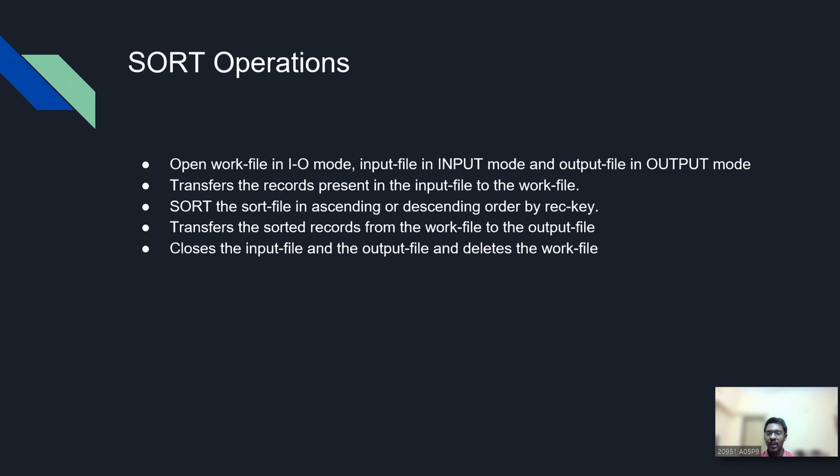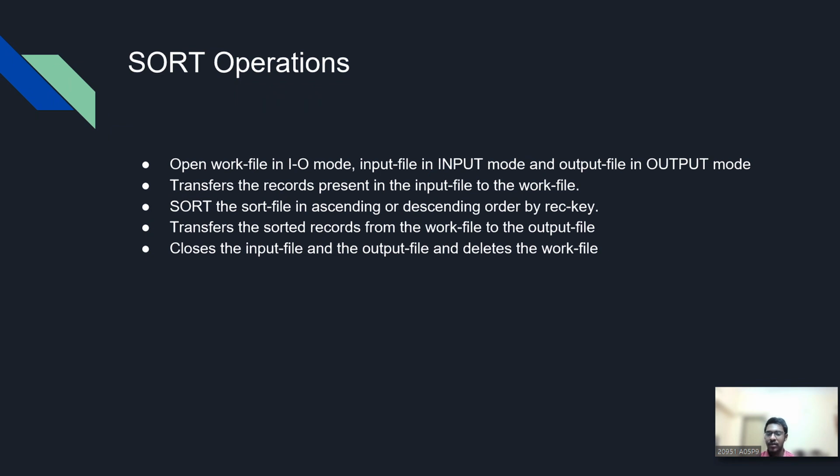It transfers the records present in the input file to the work file. All the records present in the input file are transferred to the work file, and the sort will sort the file contents in ascending or descending order with the help of a record key.